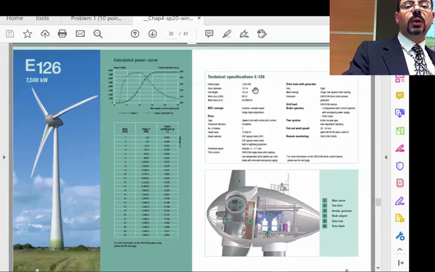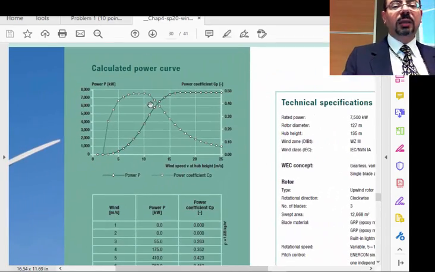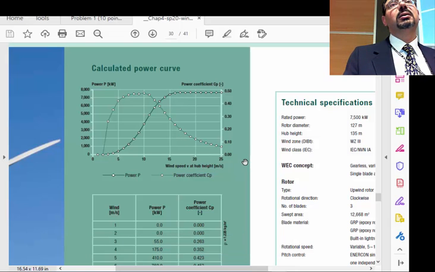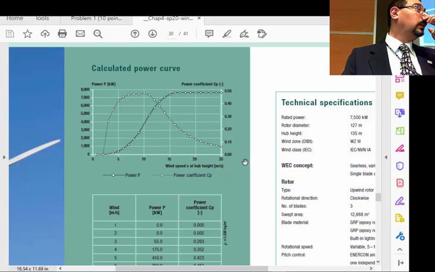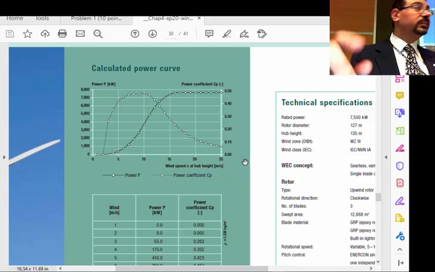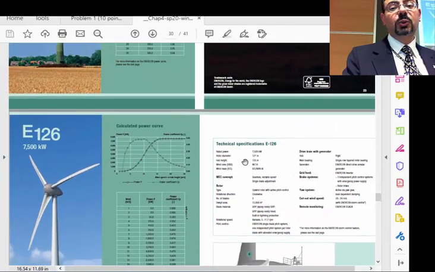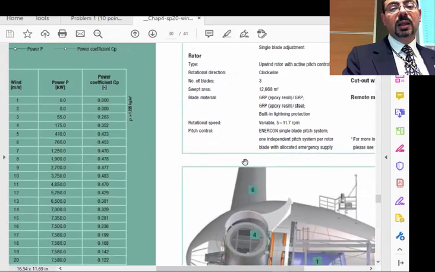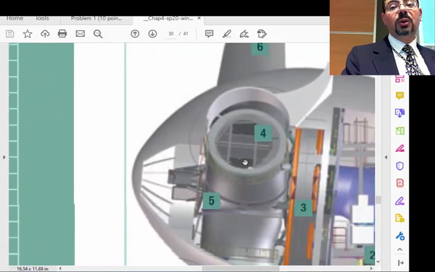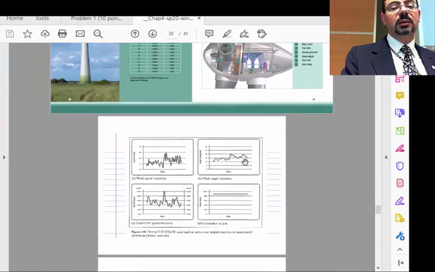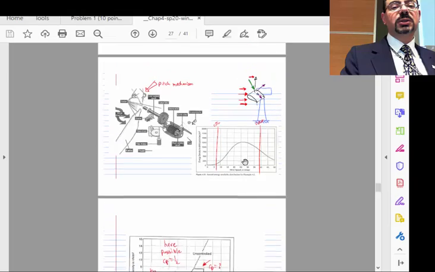So what happens if I hit my rated power, but there is more and more wind? What should I do? What would you do? You change the angle of attack of the blade so that you make the blade perform badly on purpose.